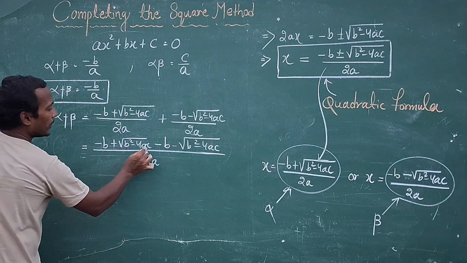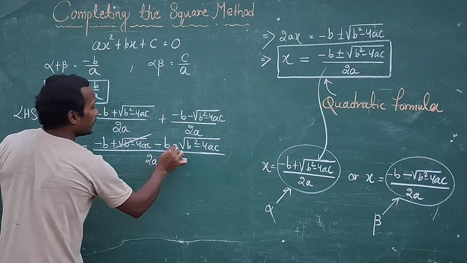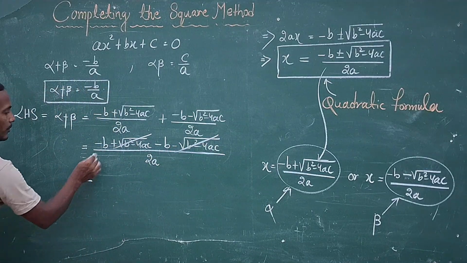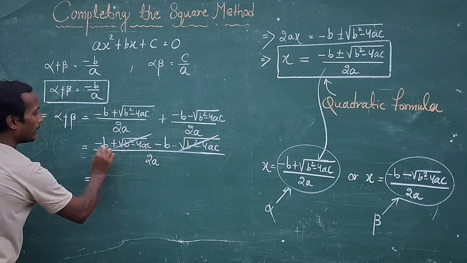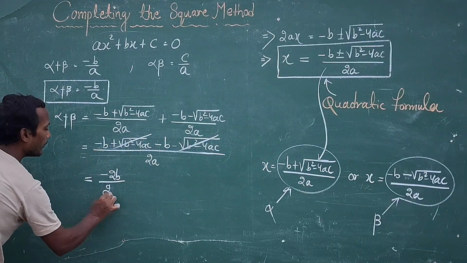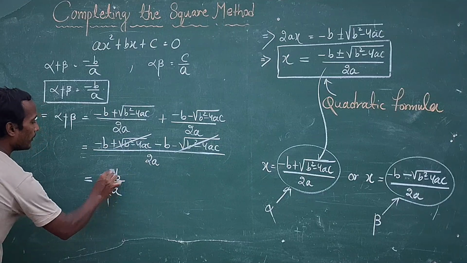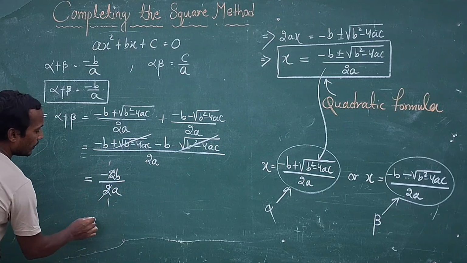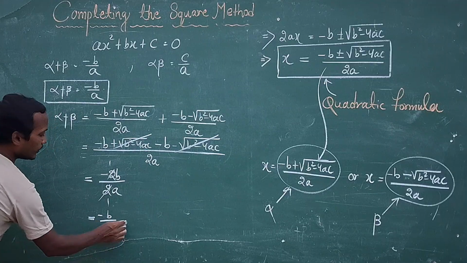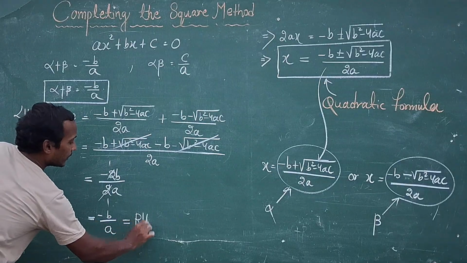Plus of root b square minus 4ac gets cancelled with minus of root b square minus 4ac. What is left? Minus b and minus b. Minus b and minus b gives you minus 2b by 2a. The 2s get cancelled. So you are left with minus b by a, which is equal to your RHS.